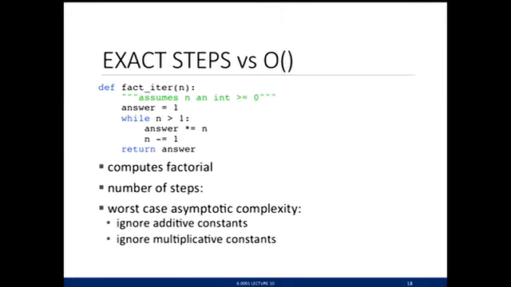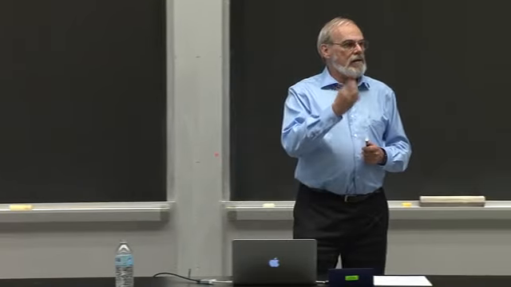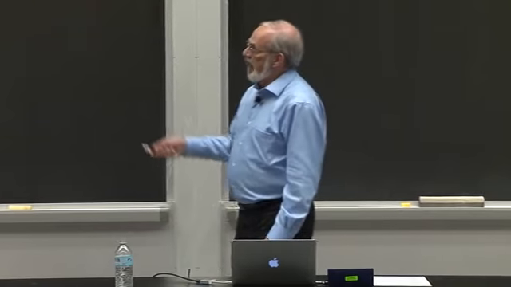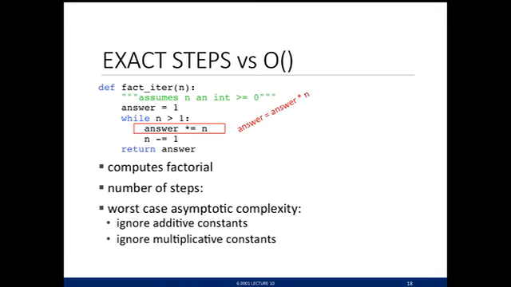Here we're going to set up an internal variable called answer, and then we're just going to run over a loop. As long as n is bigger than 1, we're going to multiply answer by n, store it back into answer, decrease n by 1, and we'll keep doing that until we get out of the loop, and we're going to return answer. I'm going to start by counting steps. So what do I have?